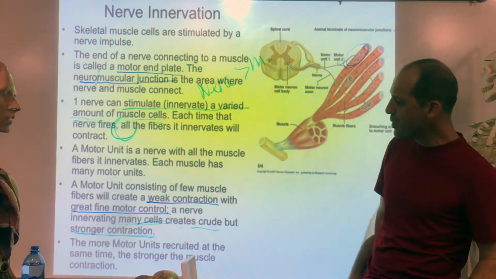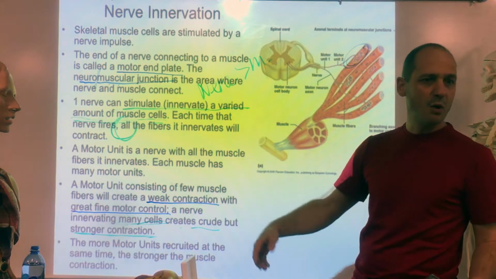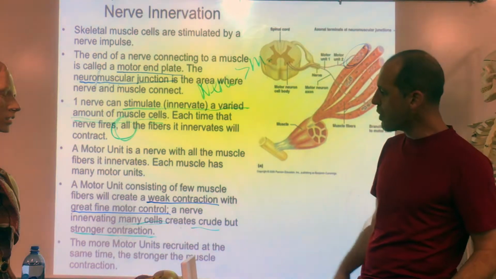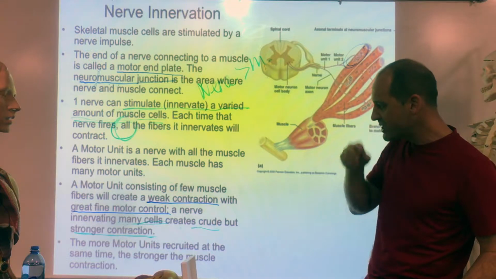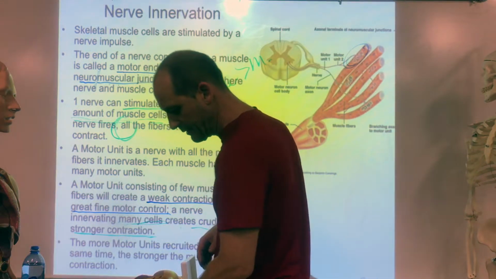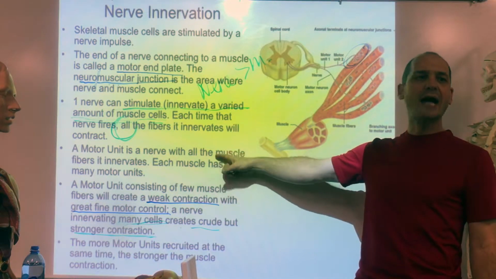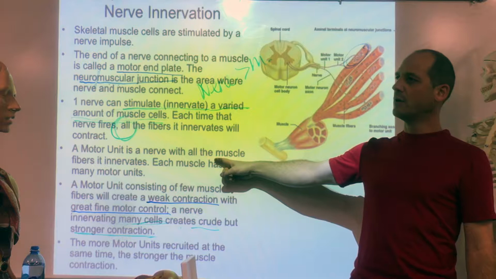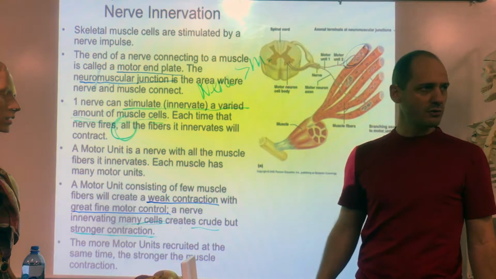So the more muscle fibers per motor unit, the more crude and the stronger the motion. And the number of motor units recruited at the same time also increases the strength of the contraction. But that's also why you can have a sustained contraction of muscles without fatigue, because you can rotate the motor units.